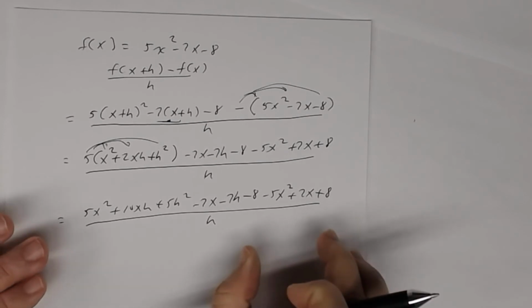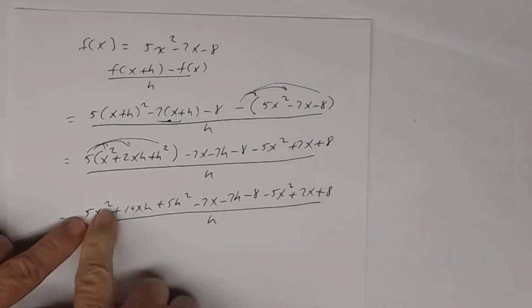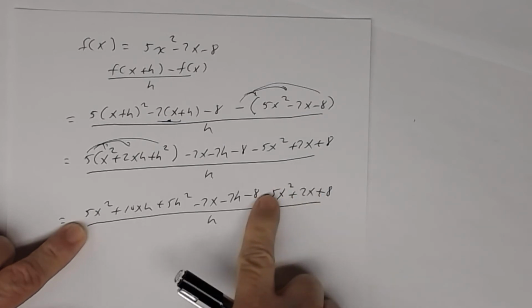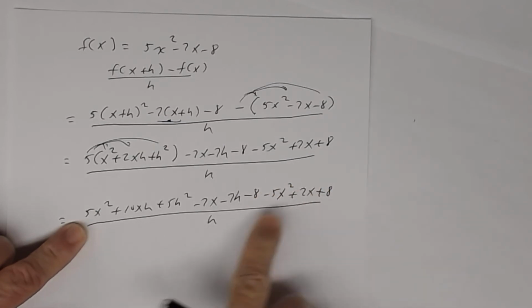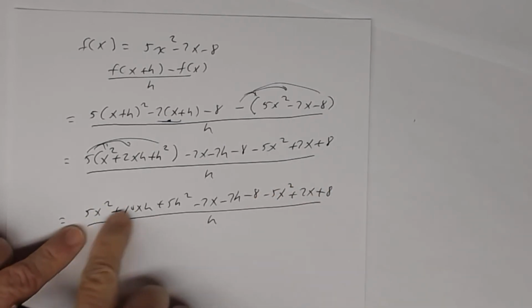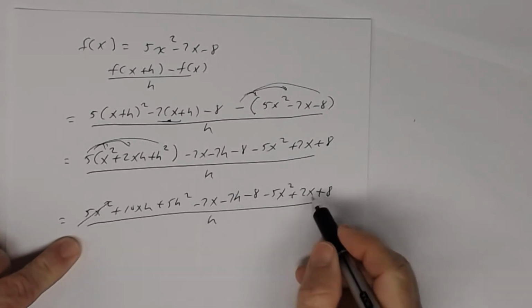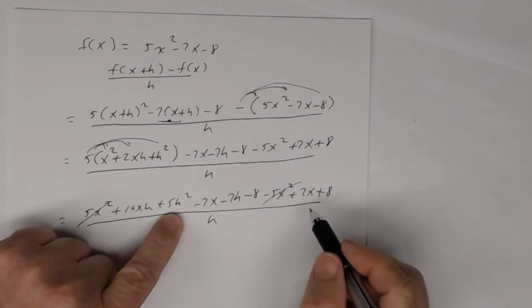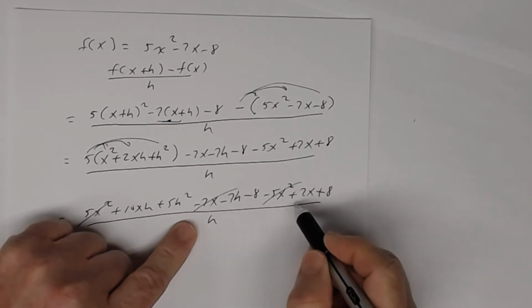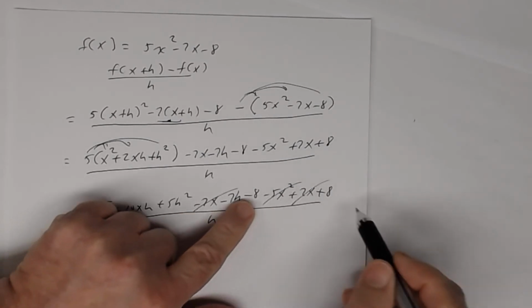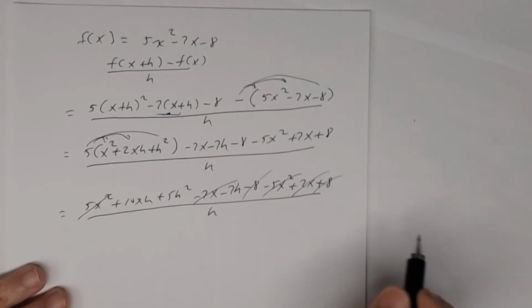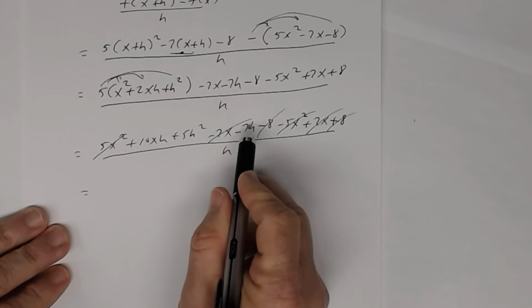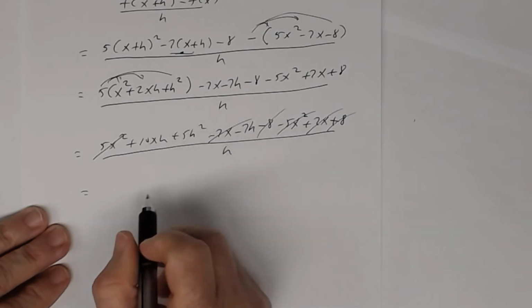Now remember, at this point, every term that does not have a factor of h, its opposite better be located somewhere. So 5x squared, negative 5x squared. That has a factor of h, that does not. Negative 7x, positive 7x. Negative 8, positive 8. And all you have left is these 3 terms, right? This term, this term, this term.